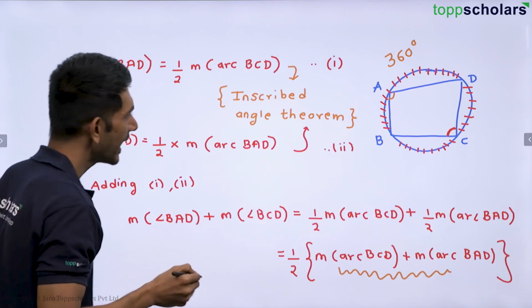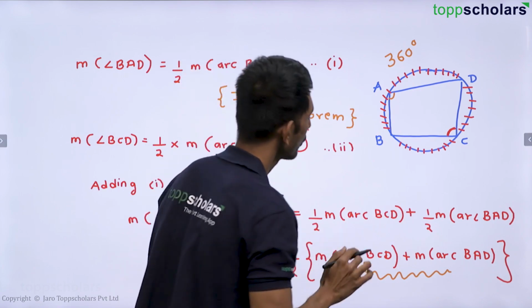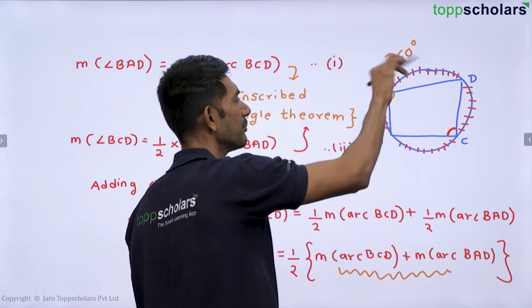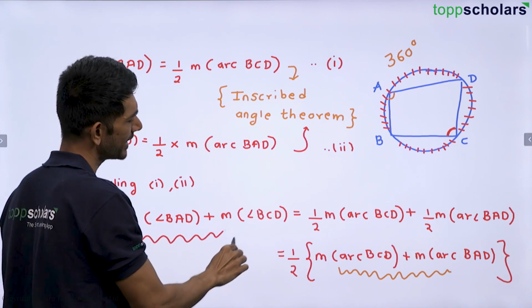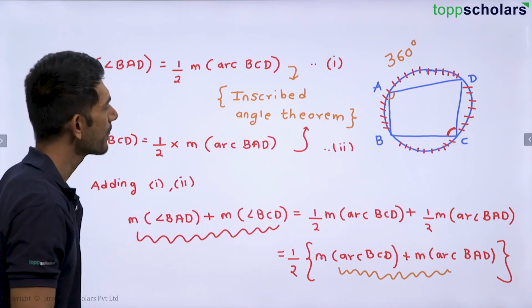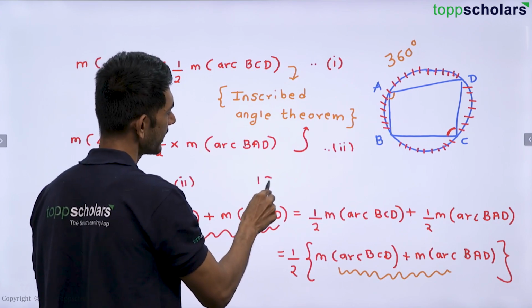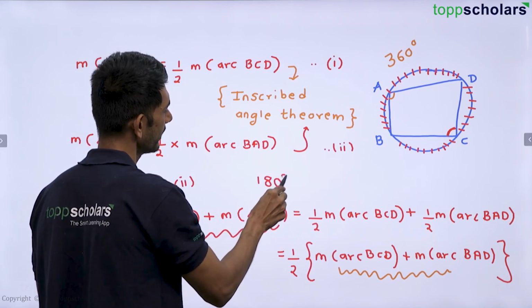So we have proved that angle BAD plus angle BCD, this one, angle BAD plus angle BCD is how much? It is 180 degrees, correct?